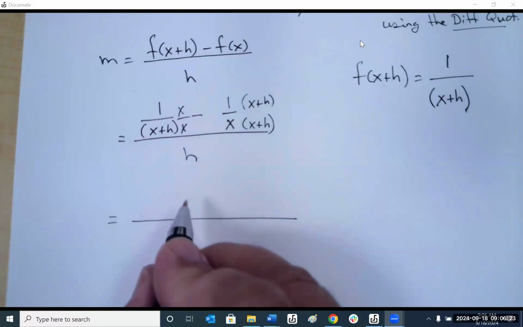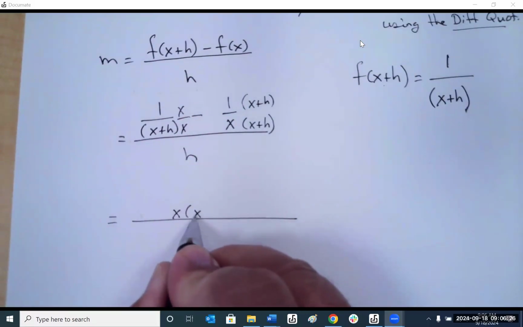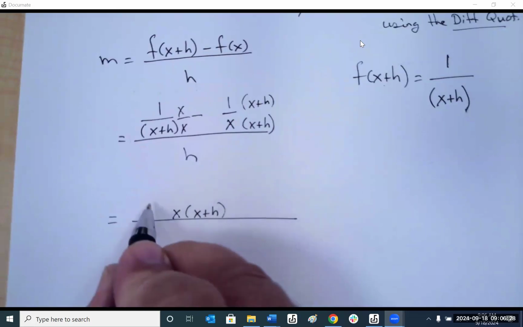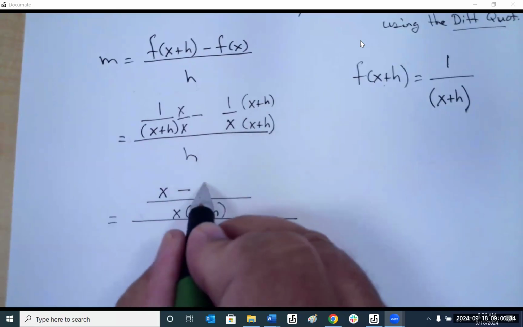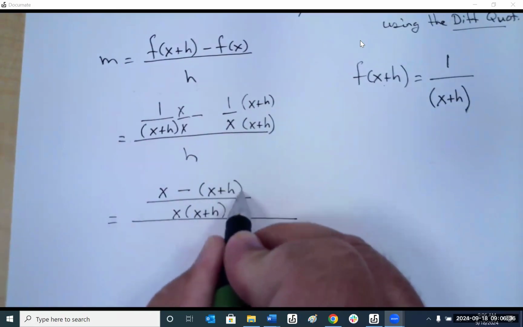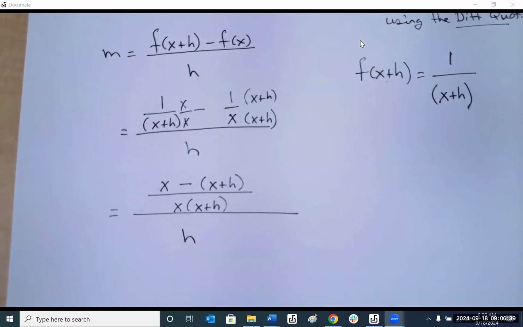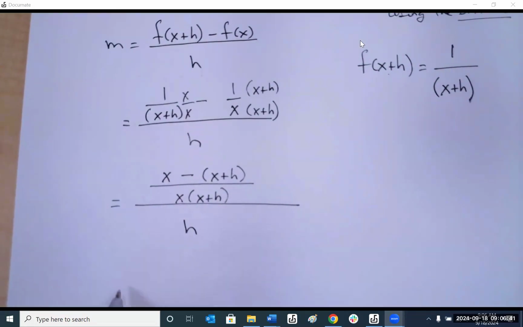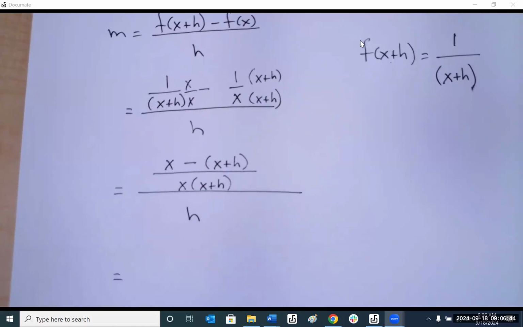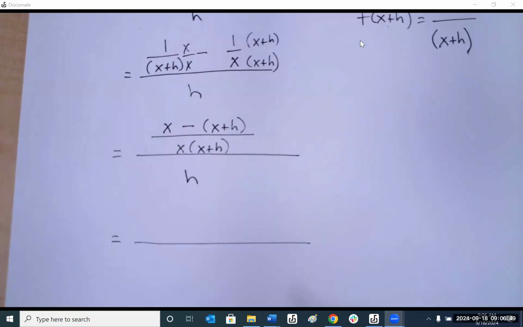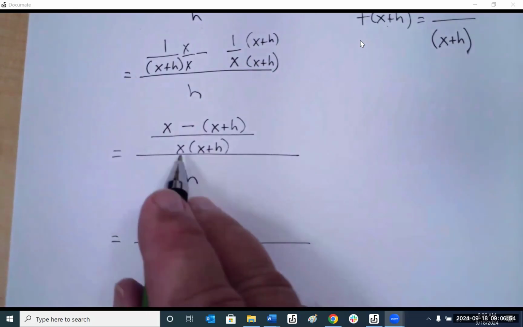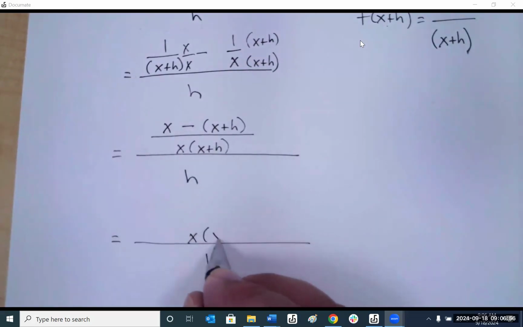So we have a common denominator on top. We have x times x plus h. And on top, 1 times x minus x plus h, over h. Okay, we can't do anything with the denominator up on top.